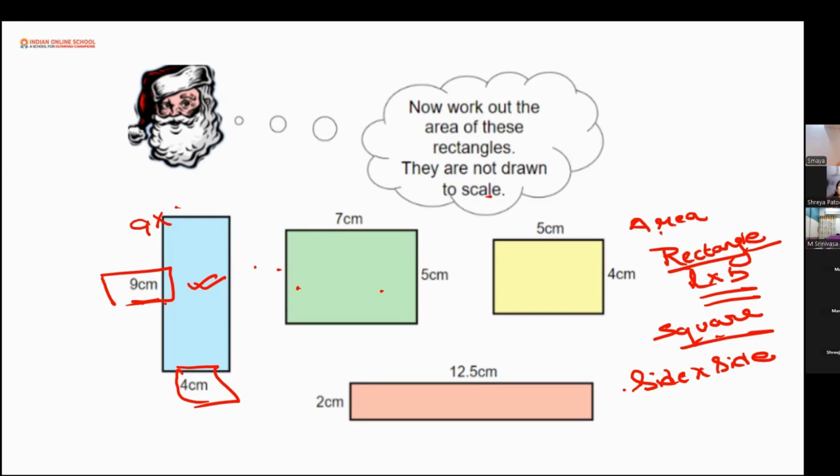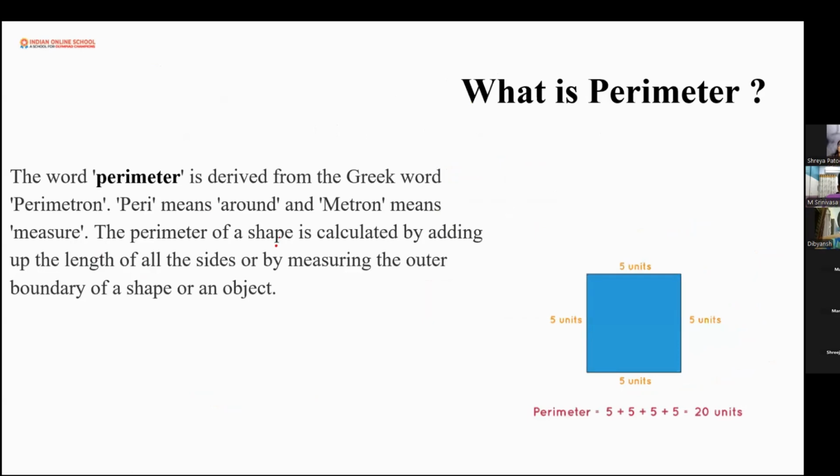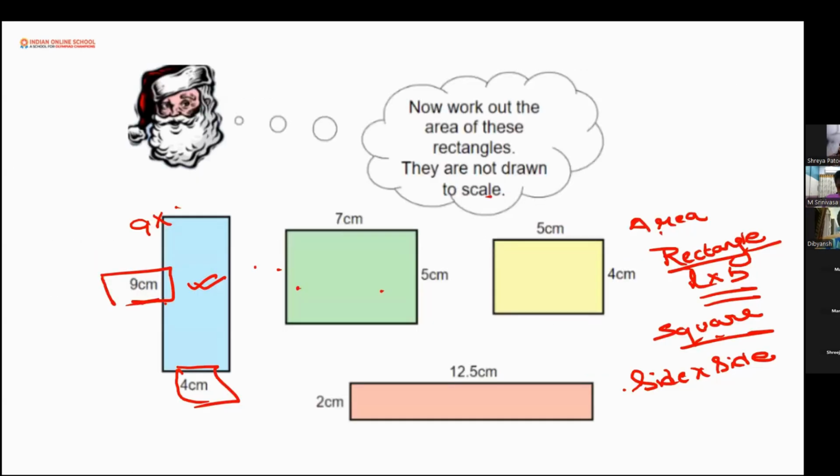9 multiplied by 4. So 9 multiplied by 4 is how much, Shrija? 36. So what's the area of this rectangle? It is 36.